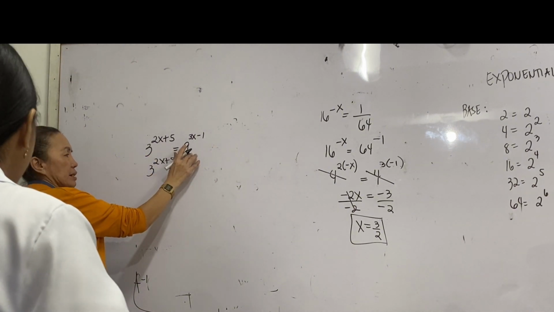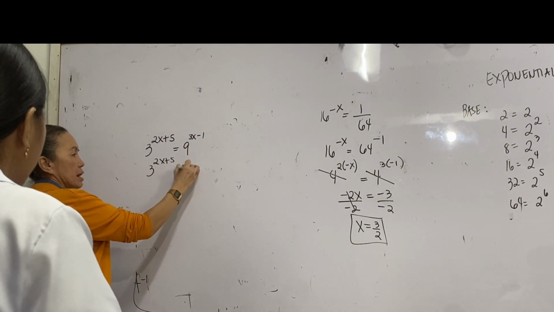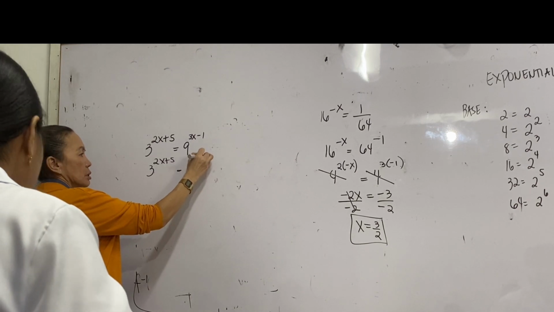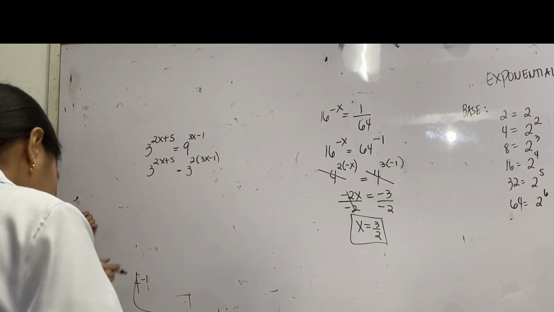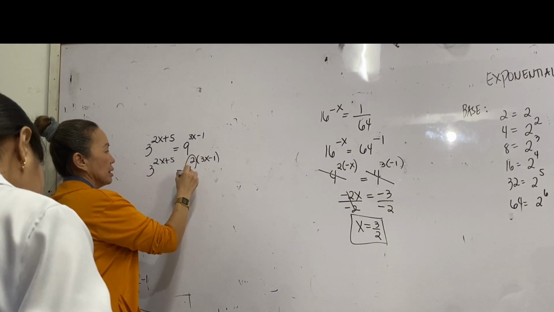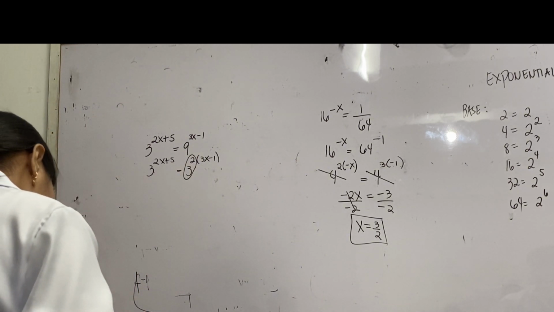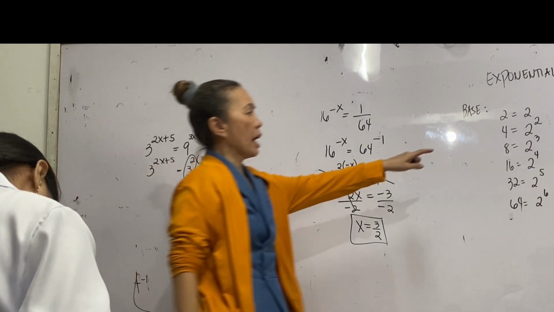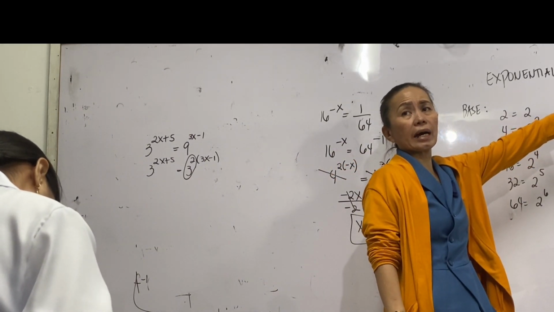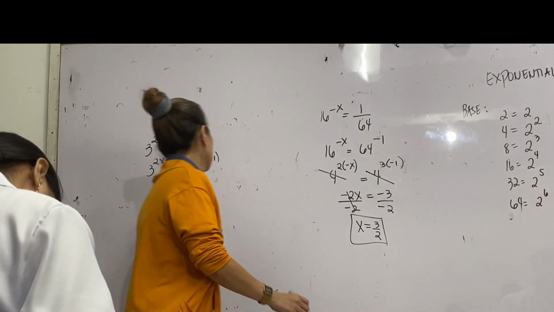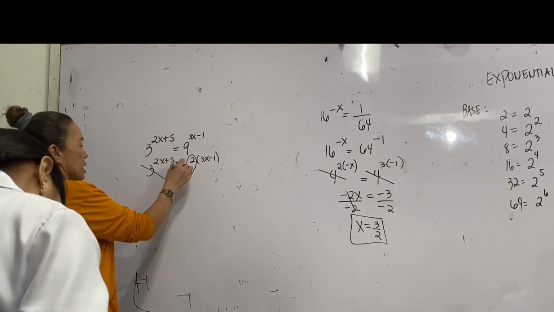Ano ba equivalent ng 9 sa base 3? 3 raised to 2, 3x minus 1. Nasusunod ba? Pinalitan natin yung 9 ng 3 raised to 2. Nagkakaintindihan ba? And then, cancel out na natin yung 3.